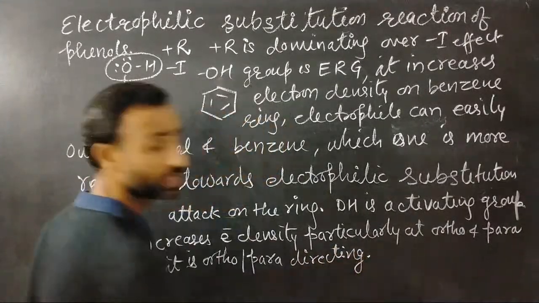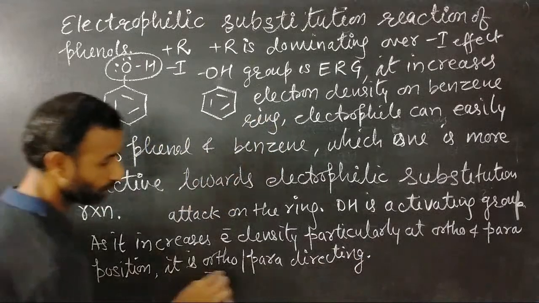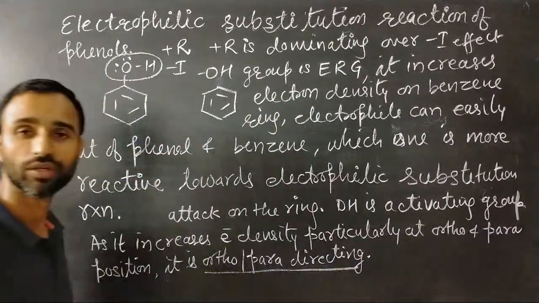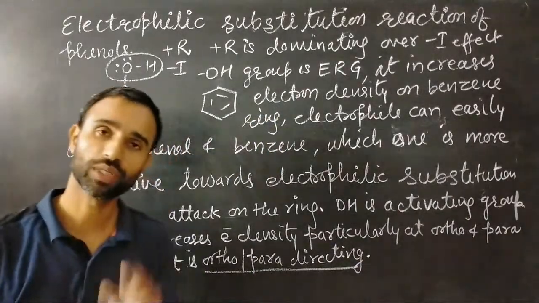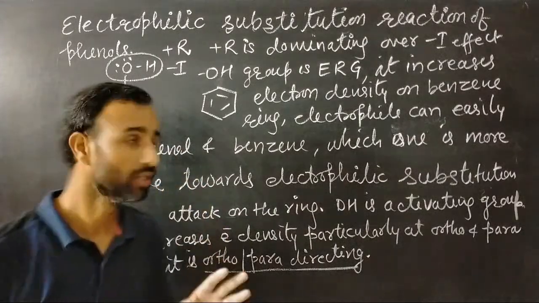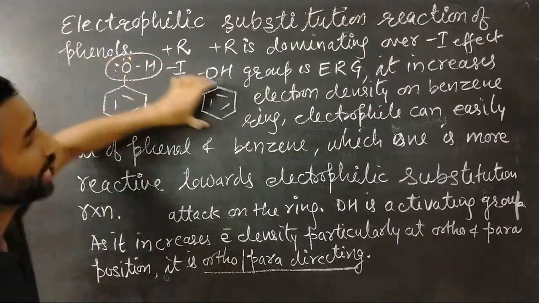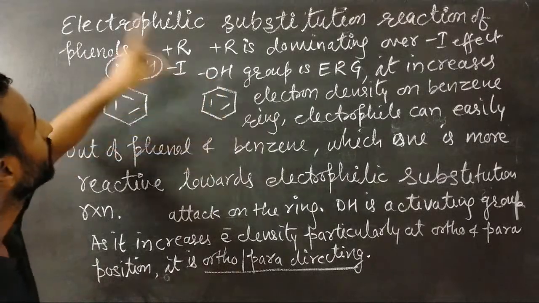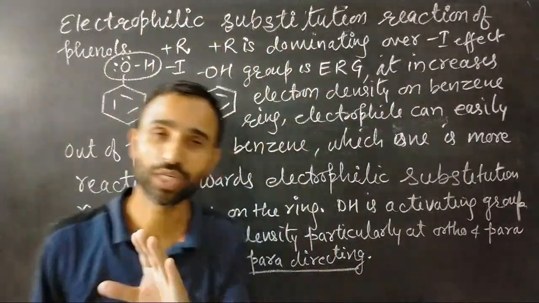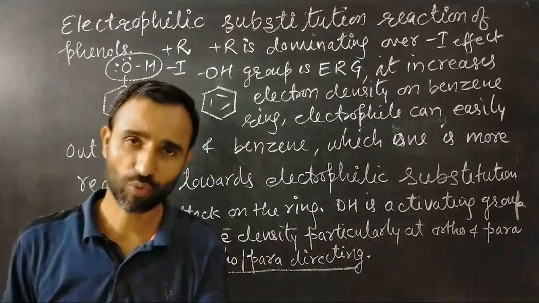So the OH group is activating and ortho-para directing. So phenol is more reactive than benzene towards electrophilic substitution reactions. Got my point?